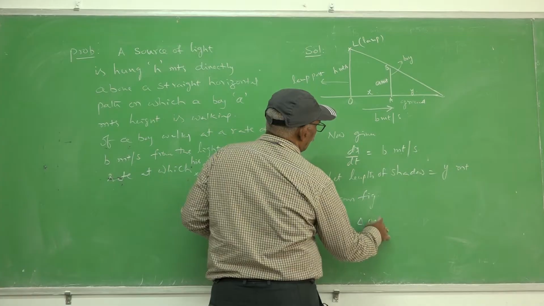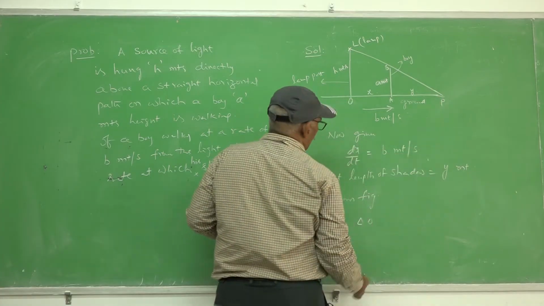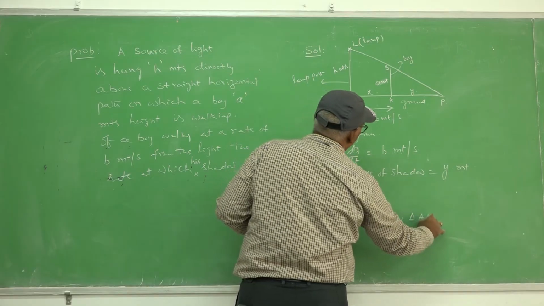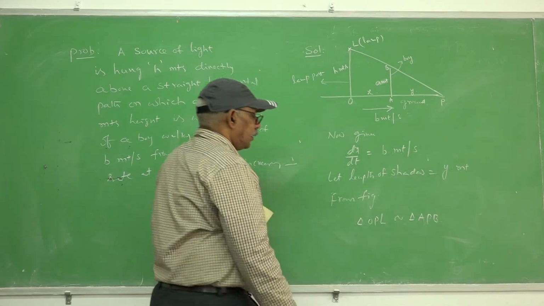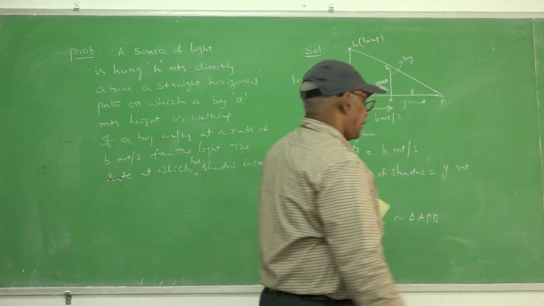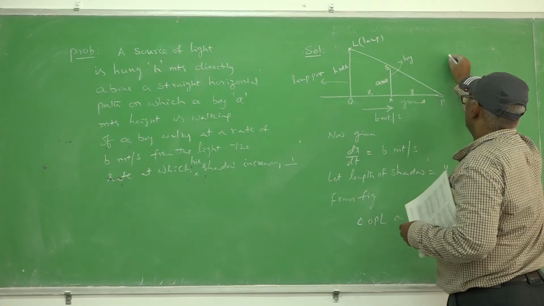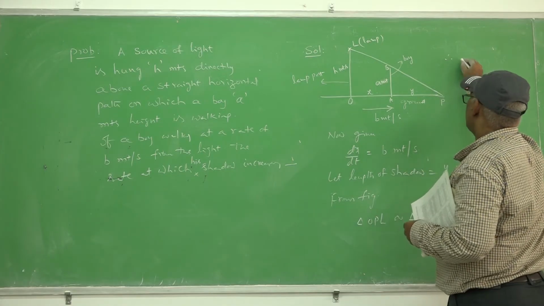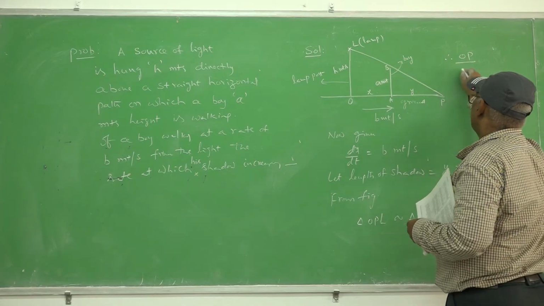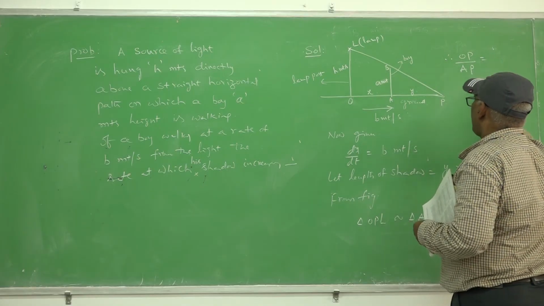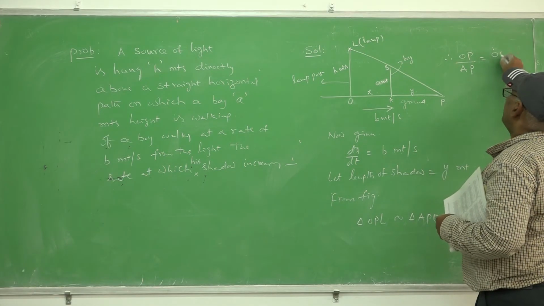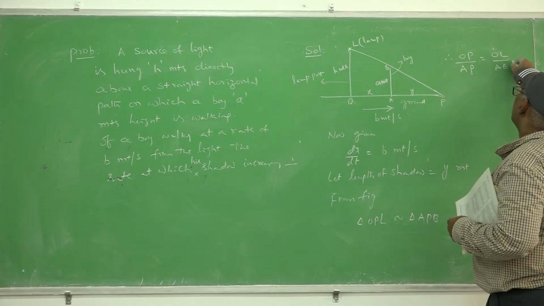So from the figure, let this be P. Triangle OPL is similar to triangle APB. Therefore, from similar triangle properties, OP by the corresponding side AP equals OL by the corresponding side AB.